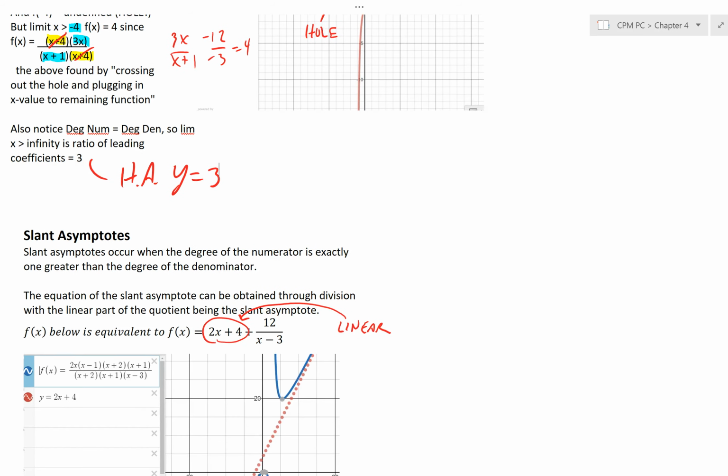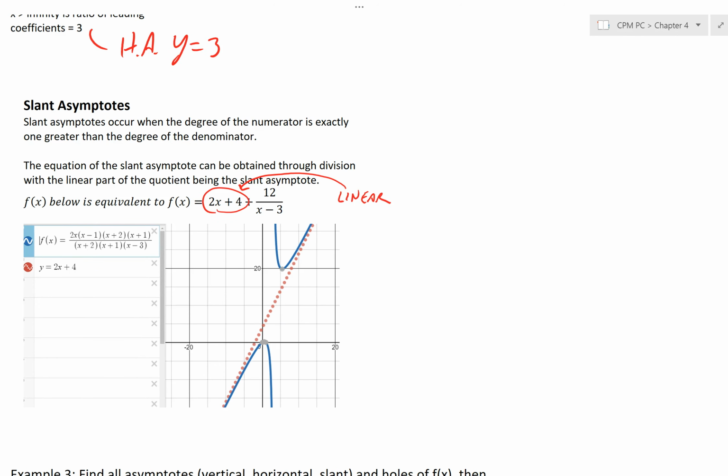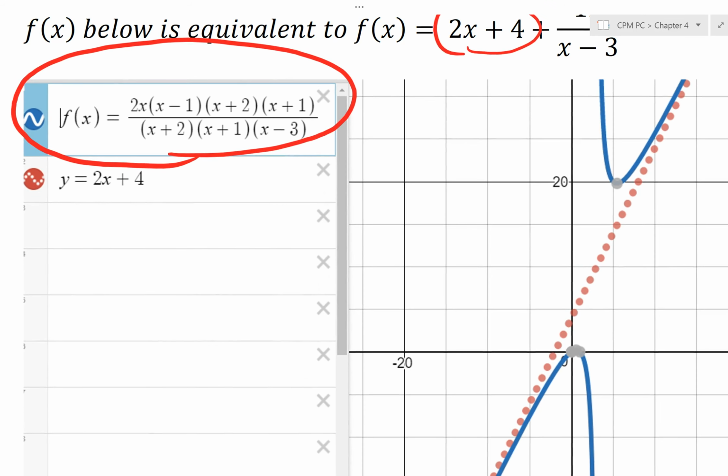Okay, and then the last part of our discussion is on slant asymptotes, which we did a little bit of in Algebra 2 as well. A slant asymptote occurs when the degree of the numerator is exactly 1 greater than the degree of the denominator. And so if you look at this function that's typed in here, if I multiplied out all the x's, I would have 2x times x times x times x, so that's going to start with 2x to the 4th.